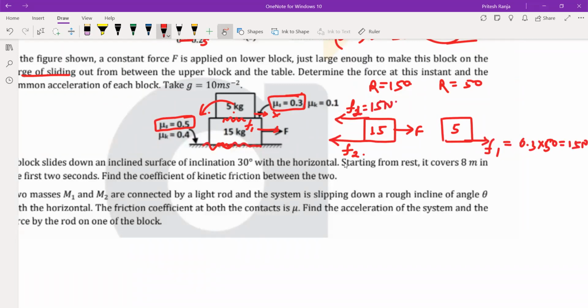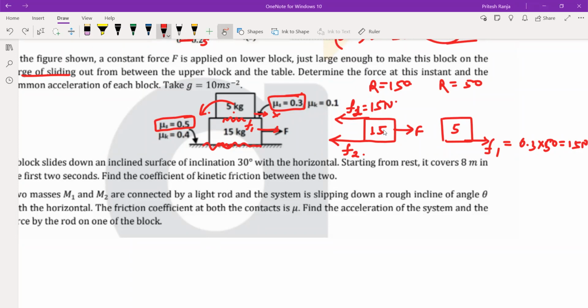So F1 is 15 newtons. What will F2 be? mu into R. R is 150 and mu we are going to take as 0.5. 0.5 we will take or 0.4 we will take? We are going to take 0.5, right?